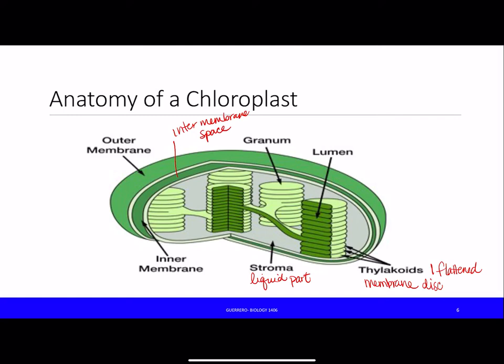When I take lots of discs and stack them together, one on top of the next, the entire unit is called a granum. So it's one unit of multiple stacked thylakoids.